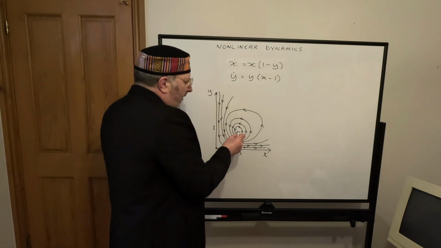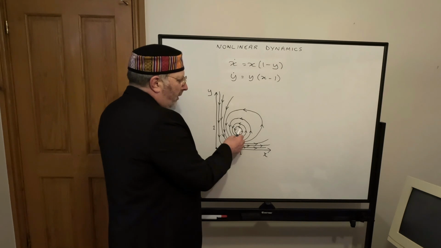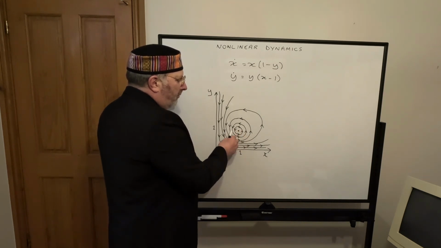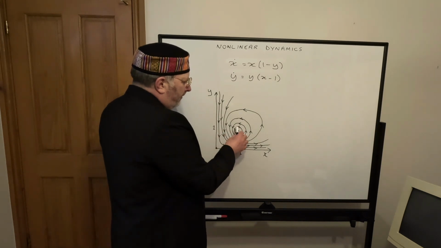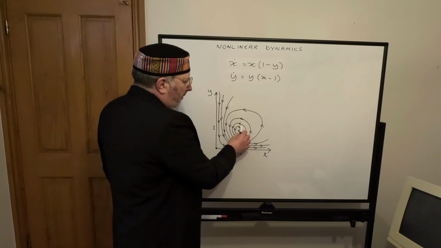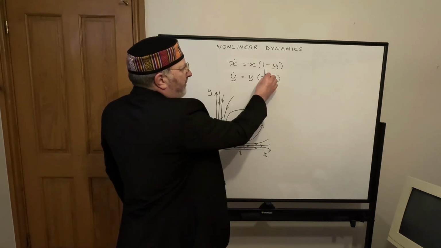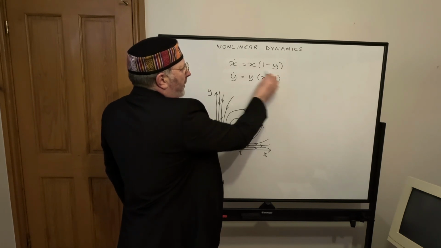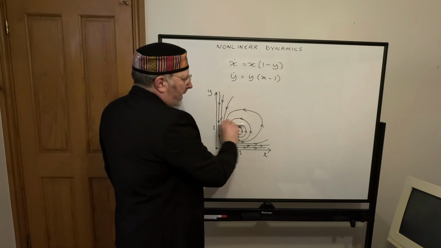And then if it's somewhat away from this point, we'll get a cycle around that point. So if y is just above 1, then this will be negative. So x dot will be negative, so it's moving to the left.